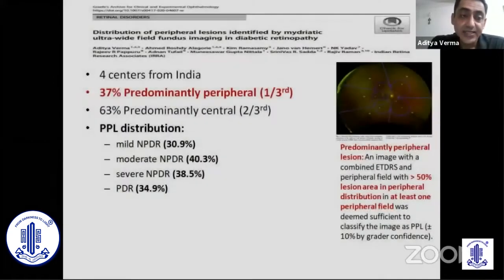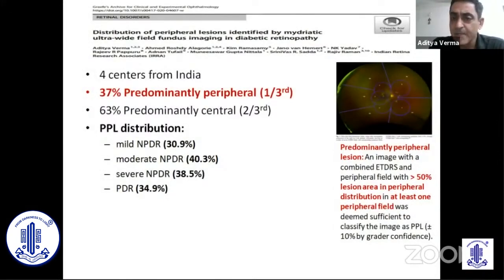So actually, we recently published a paper. We conducted a study with 4 centers all across India. We got the images from the Optos Daytona, and there were about 1,467, if I'm not wrong, eyes.